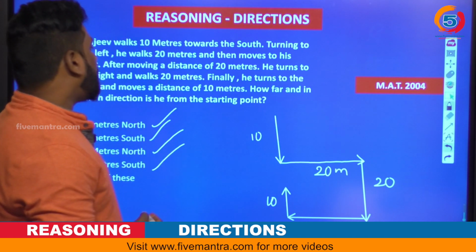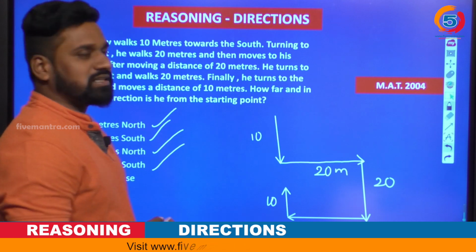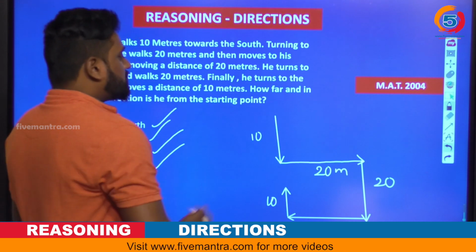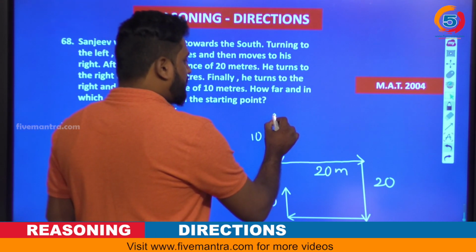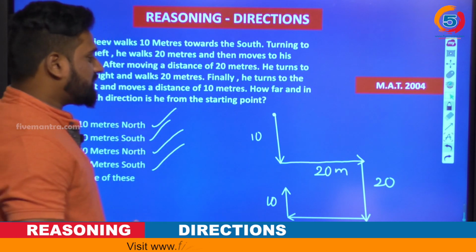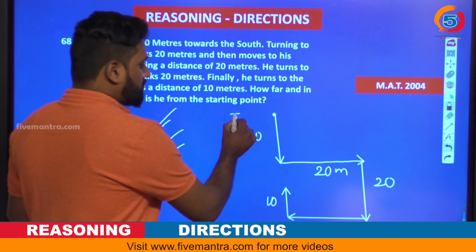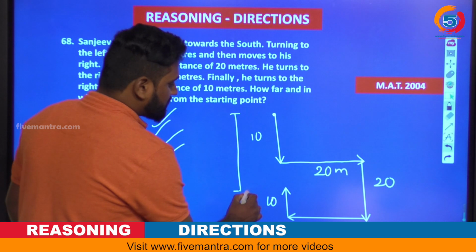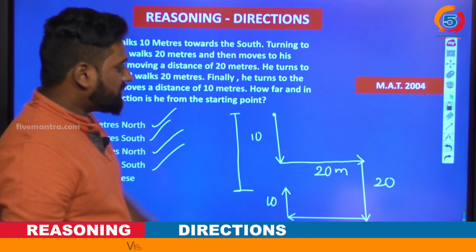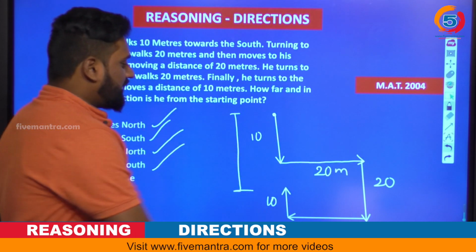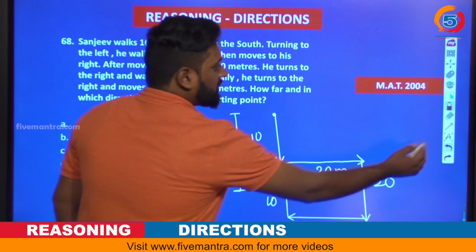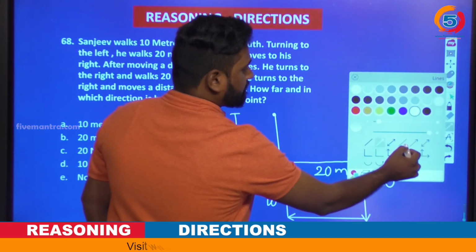Now it is asking how far and in which direction he is from the starting point. So this is the starting point you know already, and how far it is asking means from this point to this point, what is the distance? So clearly this total is 20, here it is 10, this portion indicates 10. Observe here.